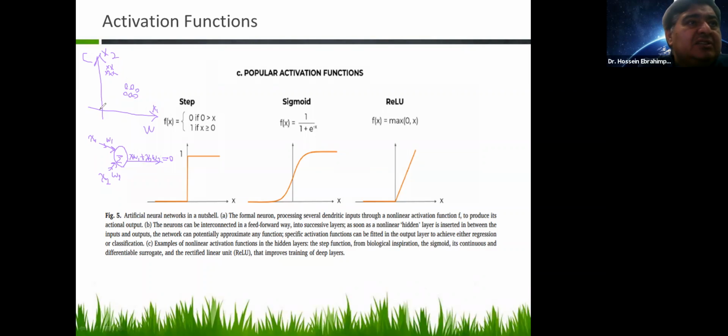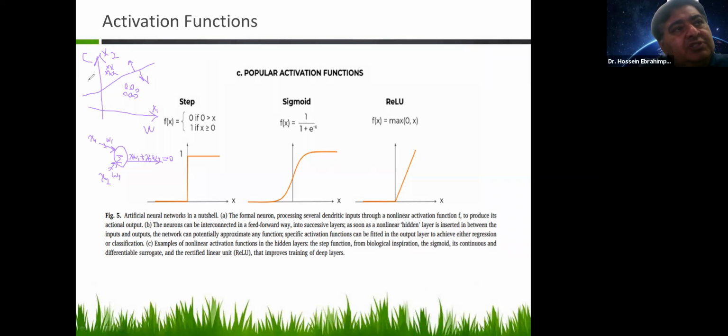You know that this is the definition of a line. So this neuron can draw a line for us that is here, and this line can discriminate between apples and oranges.